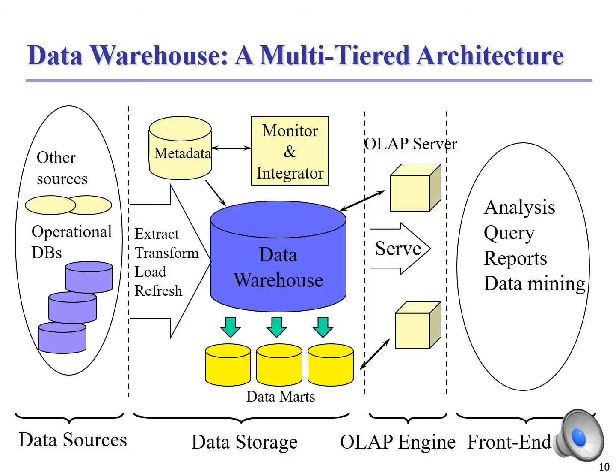Basically that is how you get started with data mining. So you have the front-end tools which are provided to the data analyst in order to access the data stored in the data warehouse or in the data marts using your OLAP server.